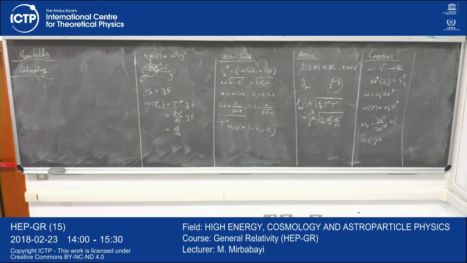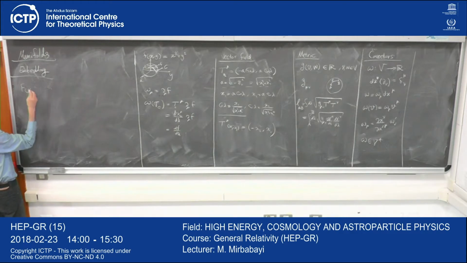Okay, so again, let's go back to our sphere, which is embedded in higher dimensions, and talk about the metric. So we already said that we can talk about embedding of the manifold. That's just saying that you define your manifold as a function in the higher dimensional space.